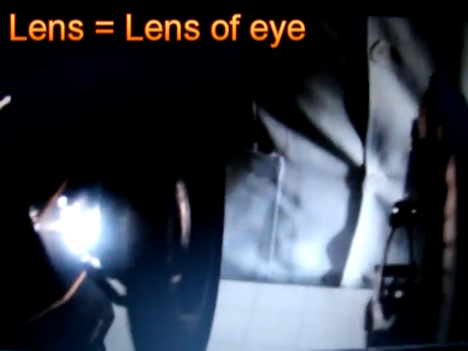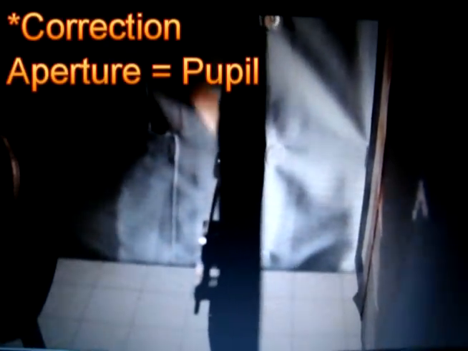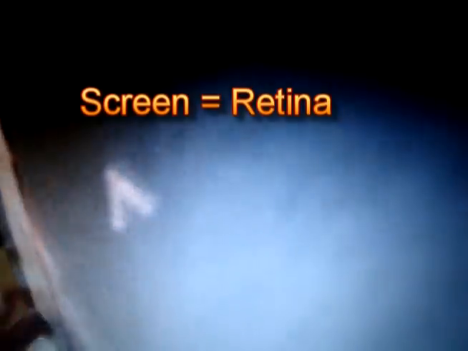Hi students, I'm Dr. Amal and I'm Dr. Liana. Today we will conduct an experiment titled image formation. First of all, as we can see here, this represents the object, and this lens represents our eye lens, and this aperture represents the ciliary muscle in our eye, and this screen represents our retina.